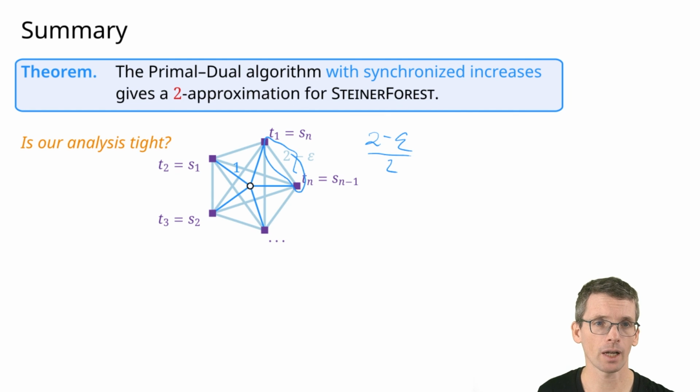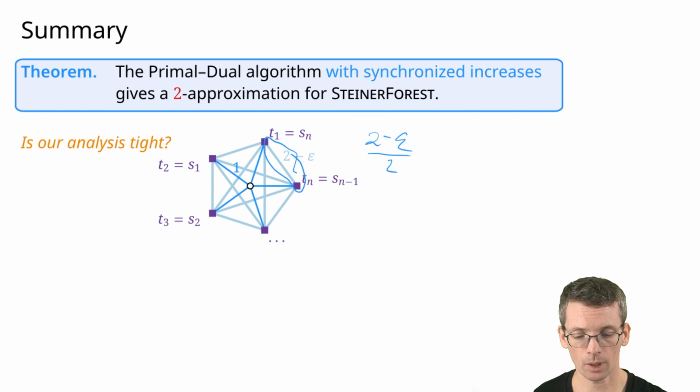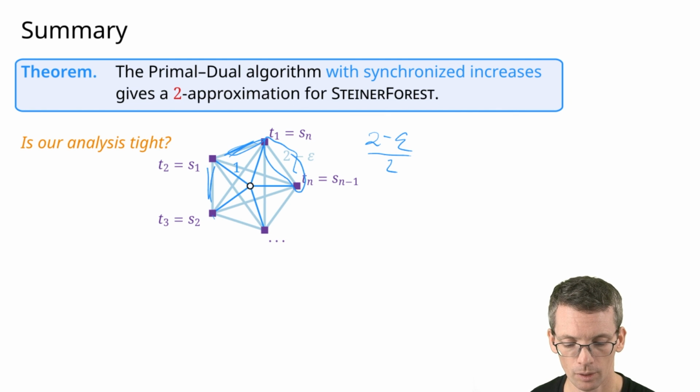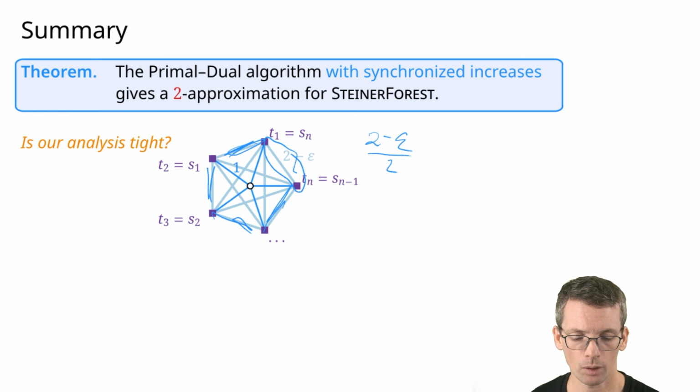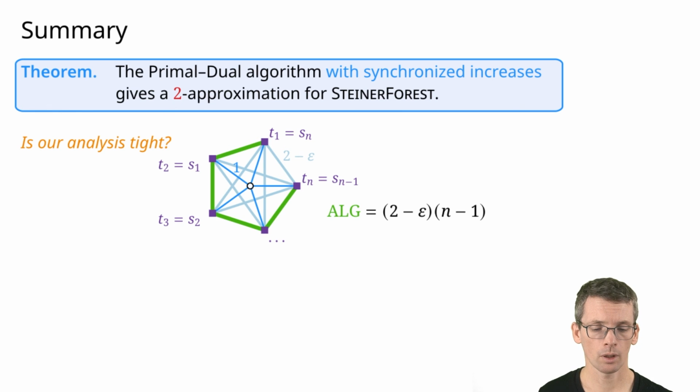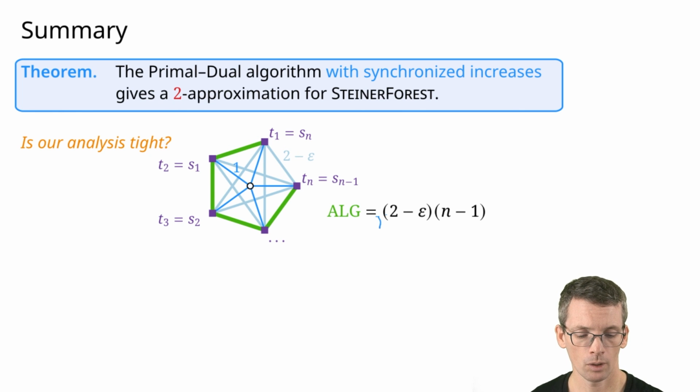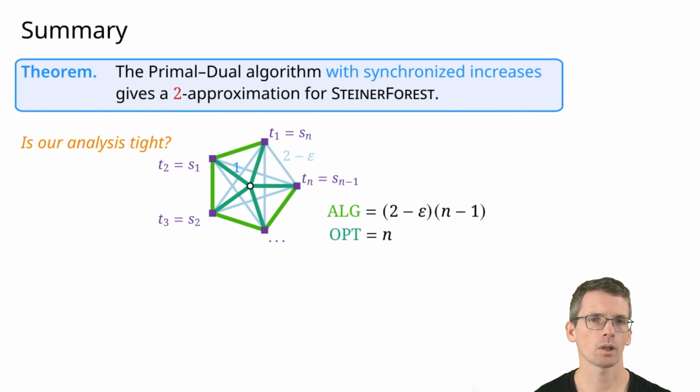And then the final graph will end up picking n minus 1 of those edges. So I get a total cost of 2 minus epsilon, because that's the edge length, times n minus 1. But optimally, we would have simply connected it to the middle, which would have given us a cost of n. So that gives us a bound of essentially 2.